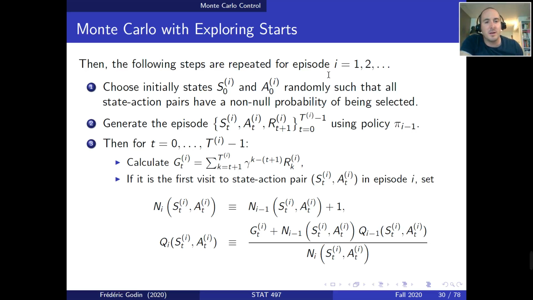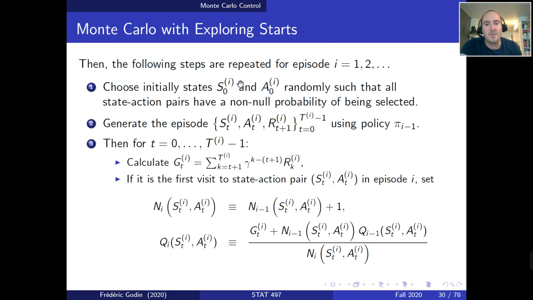When you generate an episode, we said we use exploring starts. So the initial state and initial action in episode i are randomly selected such that all state action pairs have a non-zero probability of being selected. This will force every state action pair to eventually be encountered.